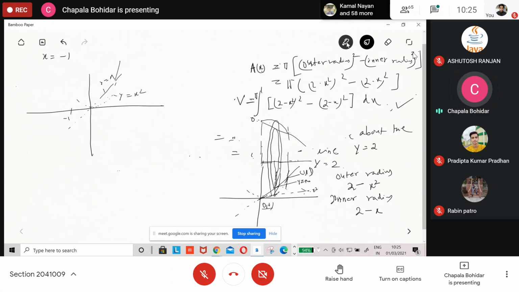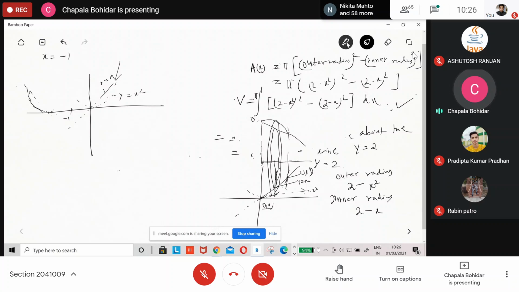So here this distance is minus 1. Now here it rotates about this line, so these two portions should be equal. After rotating, the outer one is at the outside. Now the mirror image, what will you get? Our mirror image is like this.